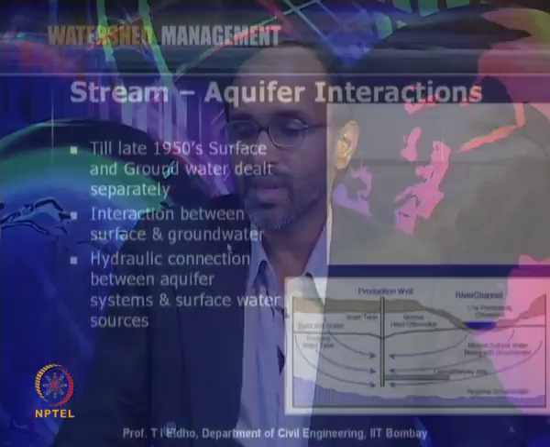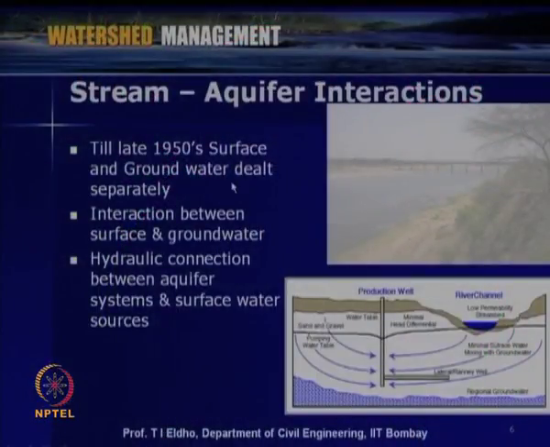Then a lot of research studies showed that there is constant interaction between surface water and groundwater. For example, if this is a river, then nearby aquifers will be recharged by the river, especially in monsoon season, when a good quantity of water is flowing through the river.